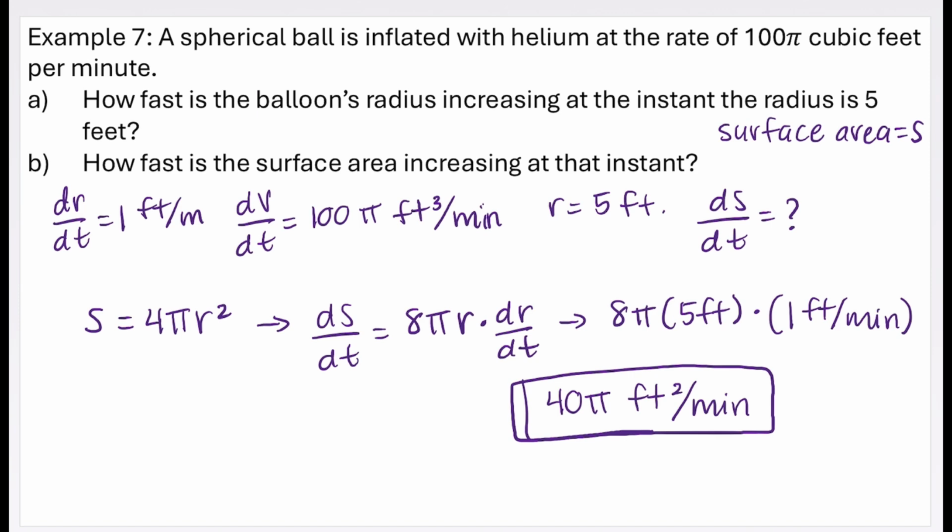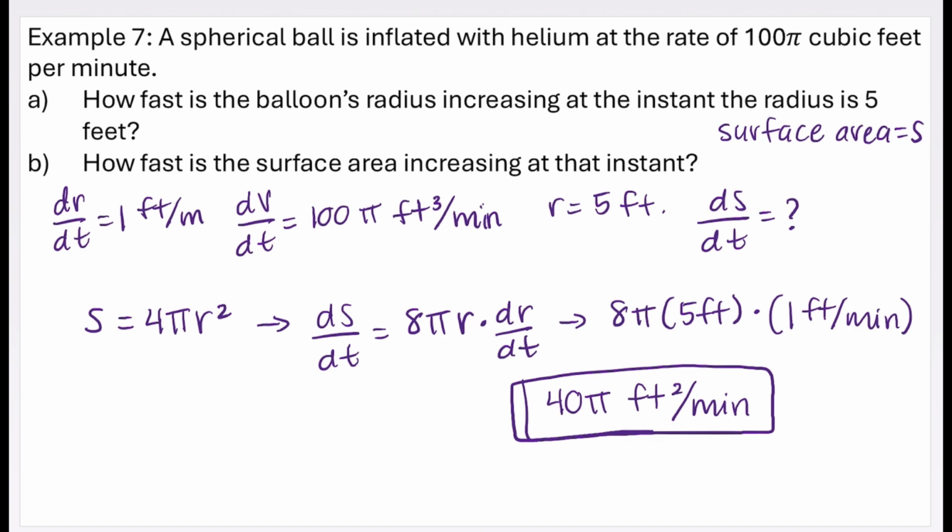Now you can think about a lot of applications of this. Can the structure of the balloon actually change that fast? What kind of material do you need to use to account for that change? Different things like that, when you're building balloons or balls or whatever you're building, you need to think about the structure of what you're using to build it.